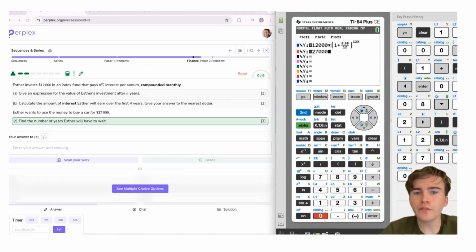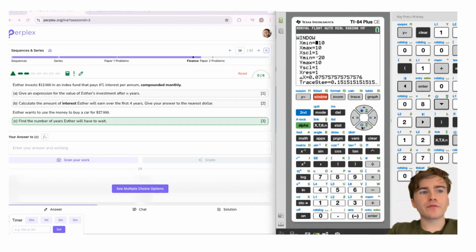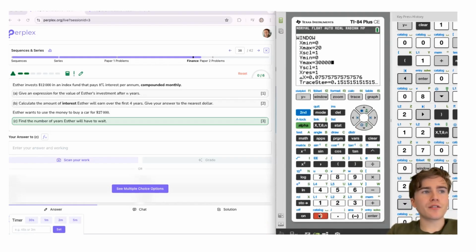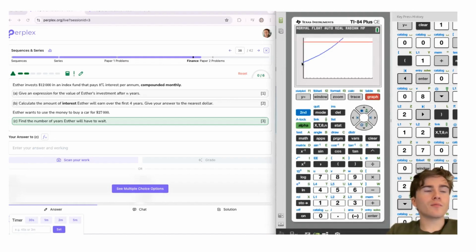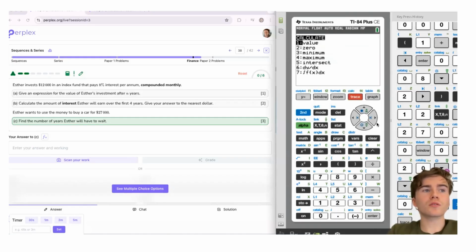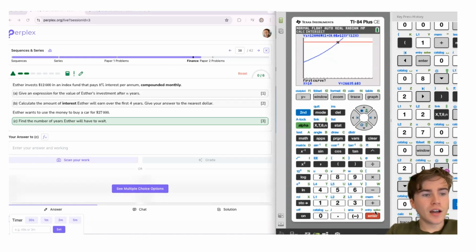Now, in part B, we figured out that after 4 years, she had about 16,000. So I know it's definitely going to take more than 4 years. So I'm going to plot this for the first 20 years because I'm going to assume it might take a while. And I need to set my y max to include 27,000. So I'm going to set this to 30,000, and I'm going to graph this. Okay, so the blue line represents the value of her account, and the red line is the 27,000 threshold. So I go to calc, intersect, first curve there, enter, enter, enter.